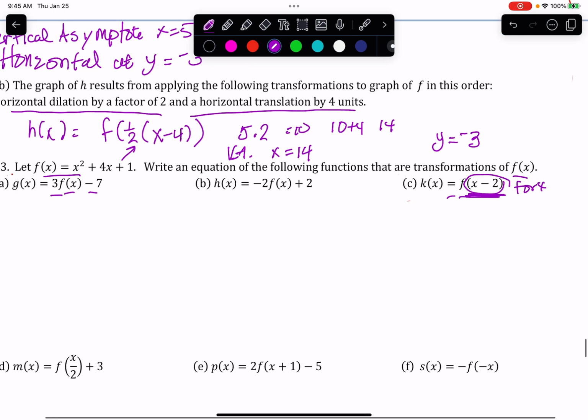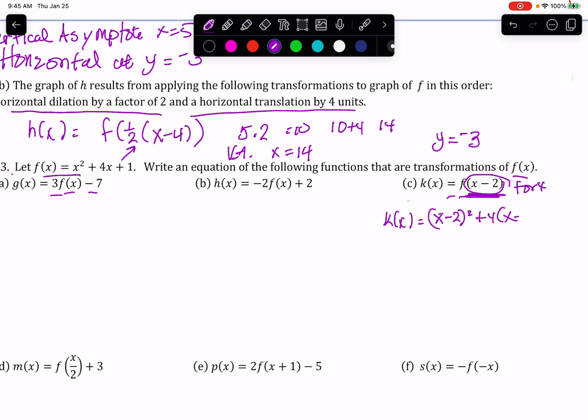So if you look at your original function, k of x would be the original function, x squared plus 4x plus 1, with the x minus 2 put in. So this would be x minus 2 quantity squared plus 4 times x minus 2 plus 1. Then you do have to multiply that out and combine terms. So that's x squared minus 4x plus 4 plus 4x minus 8 plus 1.